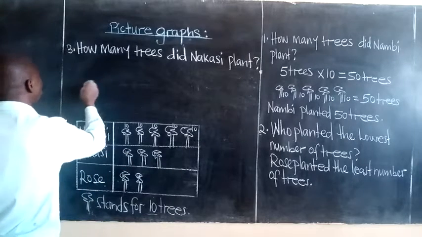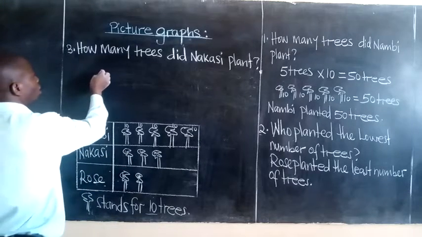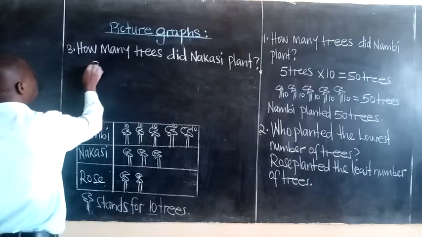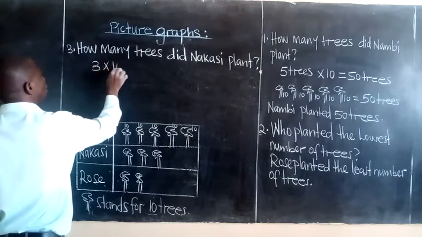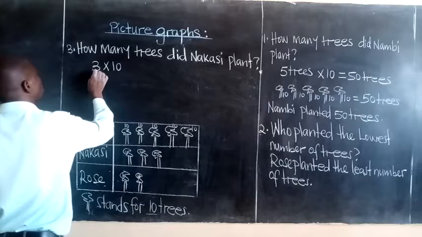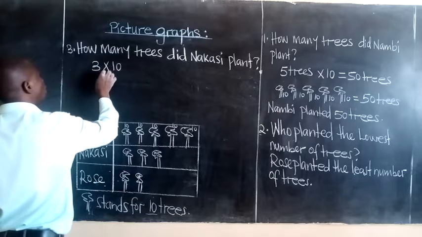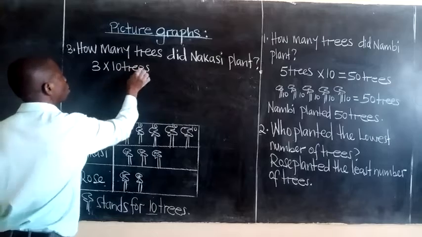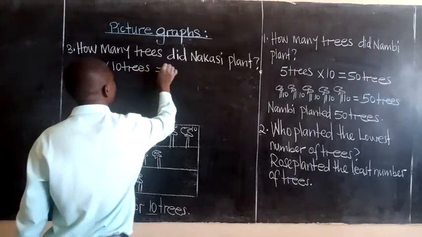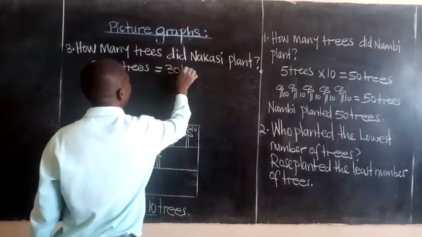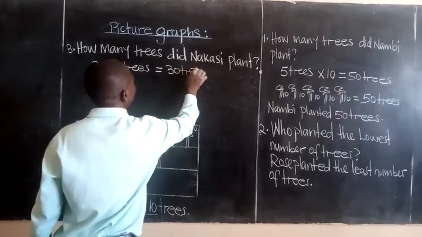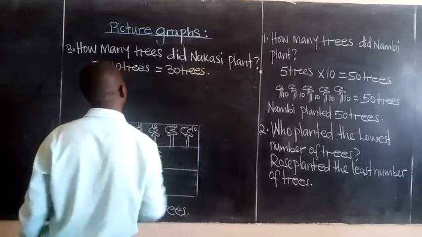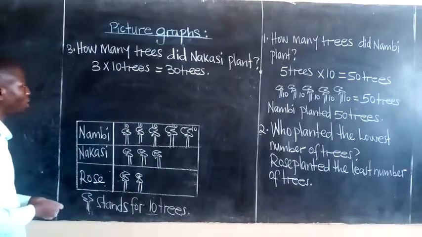So you can say Nakasi planted 3 times 10 trees, which is 30 trees.